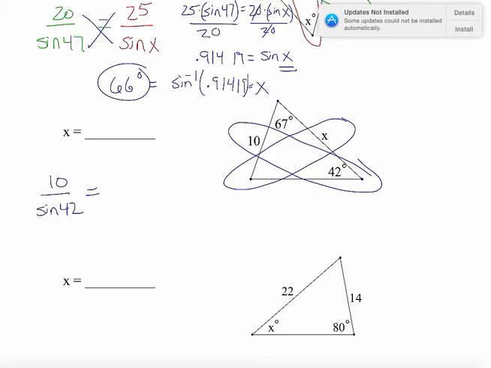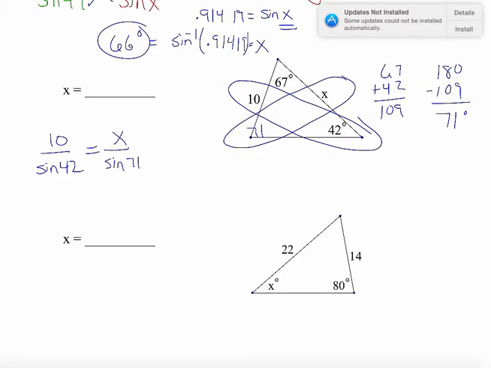Well, I don't know that one, but I could figure it out, because 67 plus 42 is a total of 109 degrees. 180 degrees minus 109 already taken up leaves me 71 degrees total in that triangle. So I'm using the idea that there's 180 degrees in that triangle. So there's my relationship. I have the side x over the sine of its opposite angle, 71.